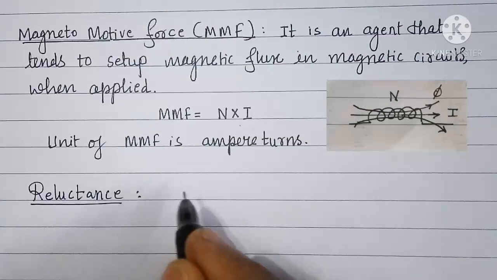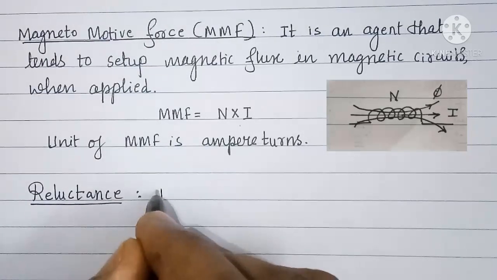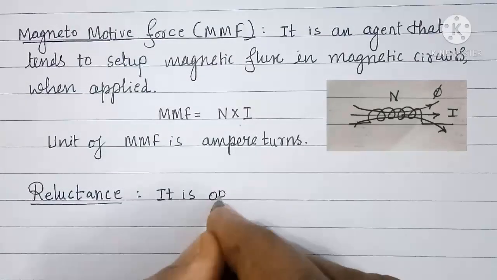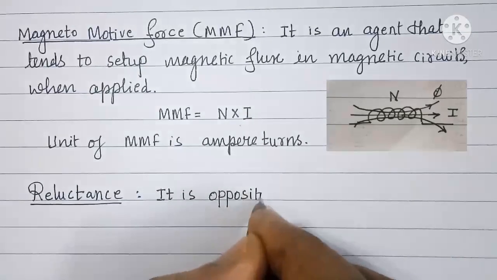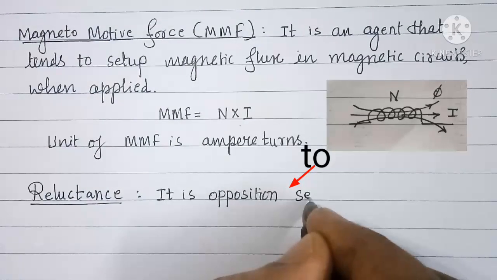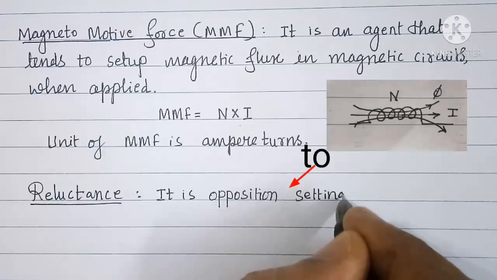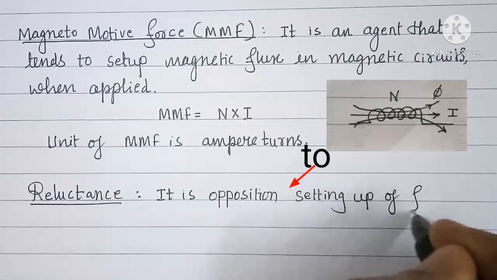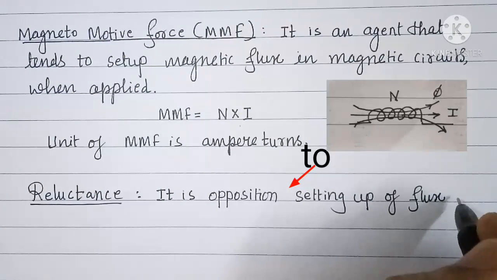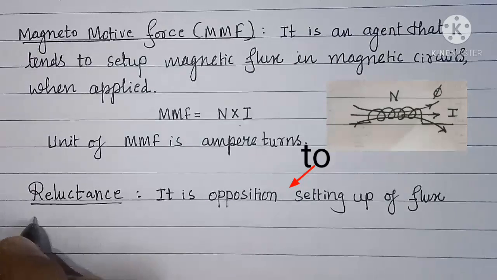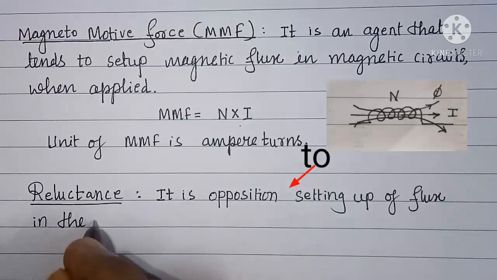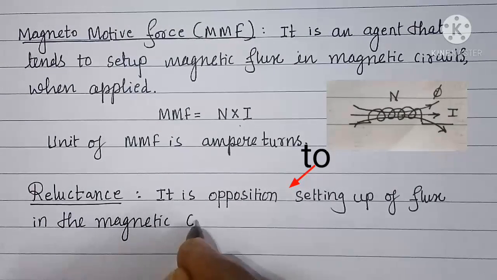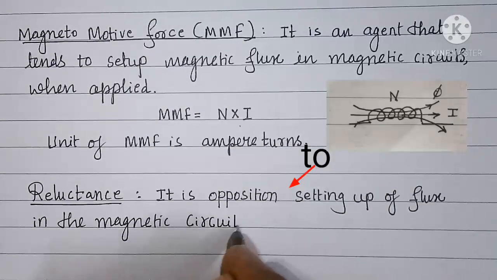So reluctance may be defined as opposition to setting up of flux in the magnetic circuit.